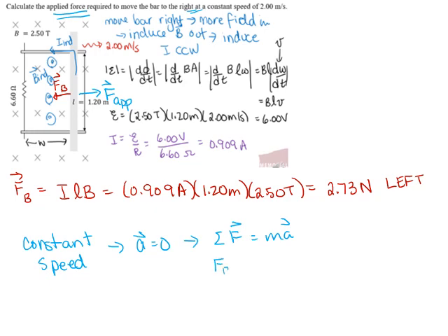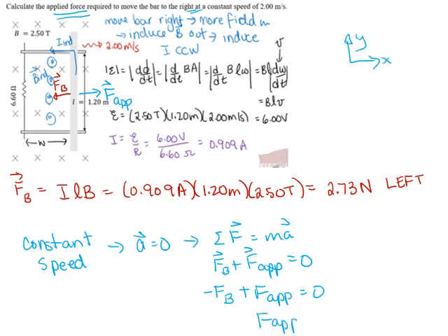The net force is the magnetic force plus the applied force. Mass times acceleration is 0, so our magnetic force to the left, it's negative, plus our applied force, that's to the right, so it's positive, equals 0. That tells us that the magnitude of our applied force must be equal to the magnitude of the magnetic force, and the direction of that force is to the right so that it moves to the right.